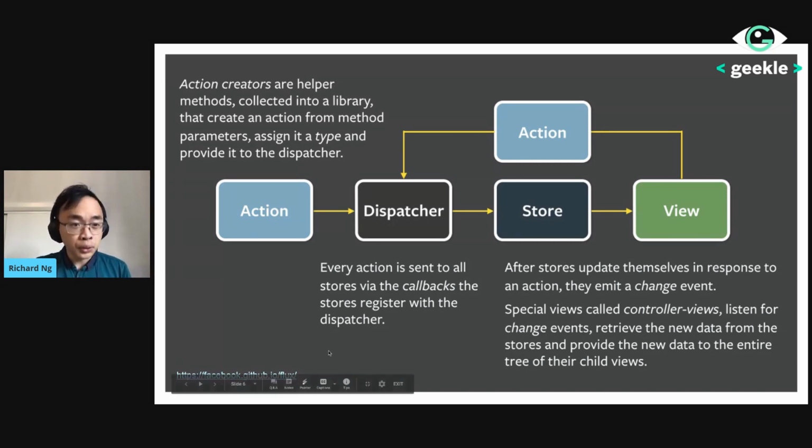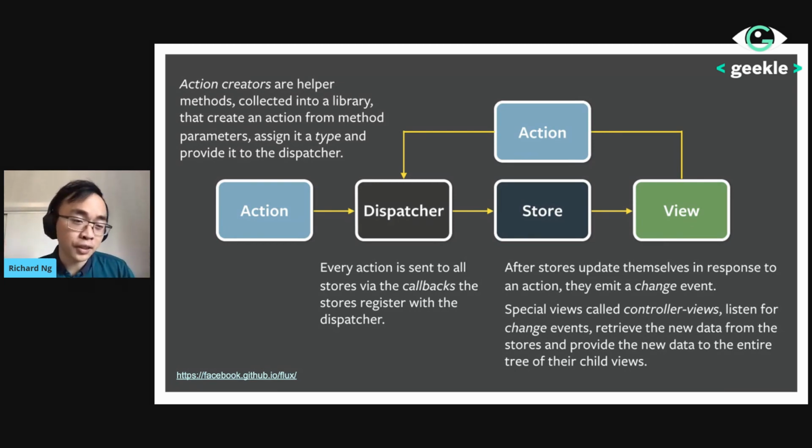In essence, the important thing here is view as a function of state. We have actions that happen, and these actions go into a dispatcher, and the dispatcher's job is to take different incoming actions and pass them through to a store, which holds the current state. It looks at incoming actions and updates state, and because state is updated, the view updates, because view is a function of state.